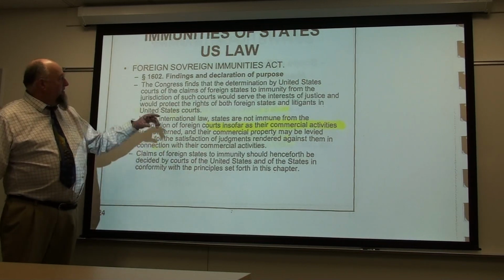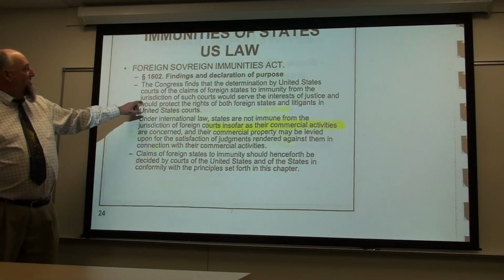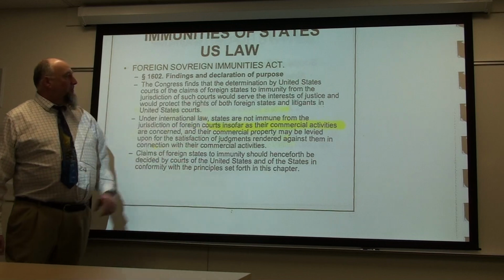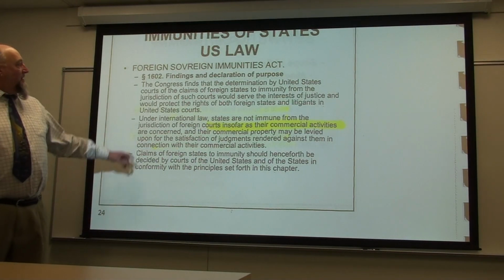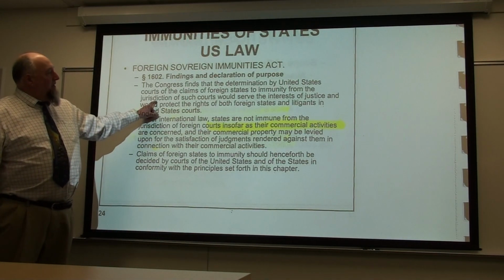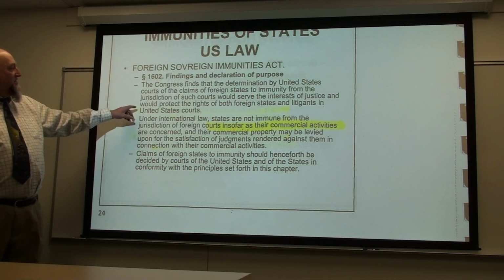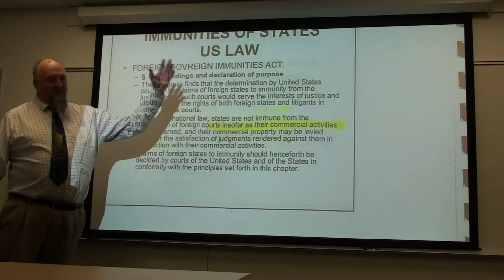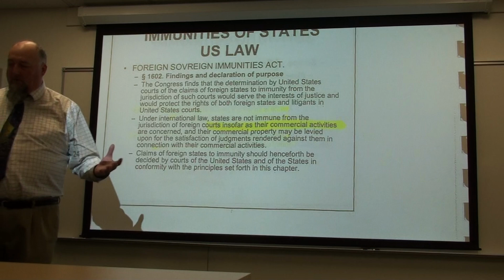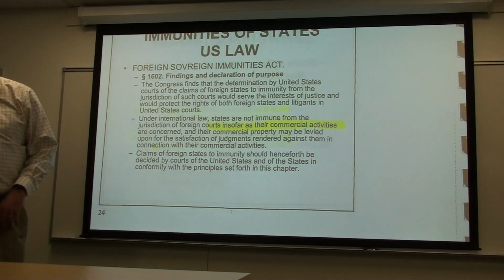it summarizes this whole idea. Congress finds that the determination by United States courts of claims of foreign states to immunity, the jurisdiction of the courts would serve the interests of justice and would protect the rights of both foreign states and litigants, that would be people suing in a U.S. court.